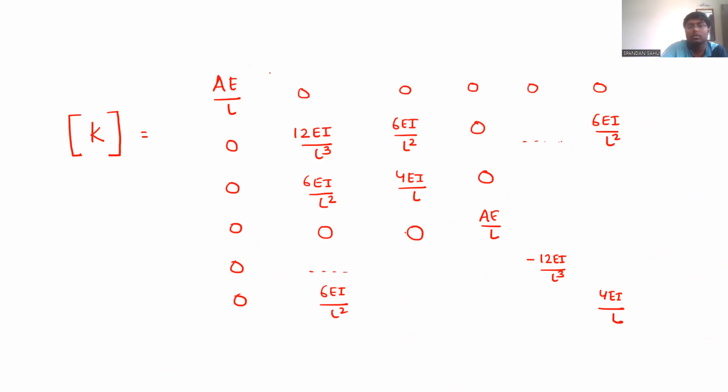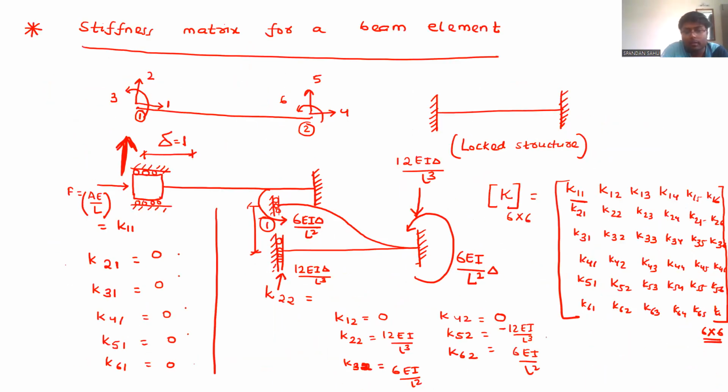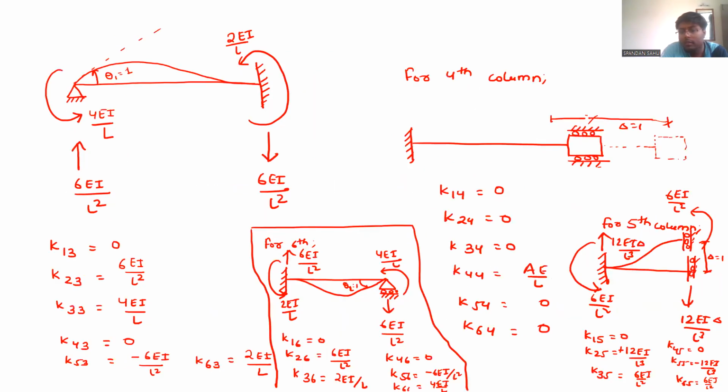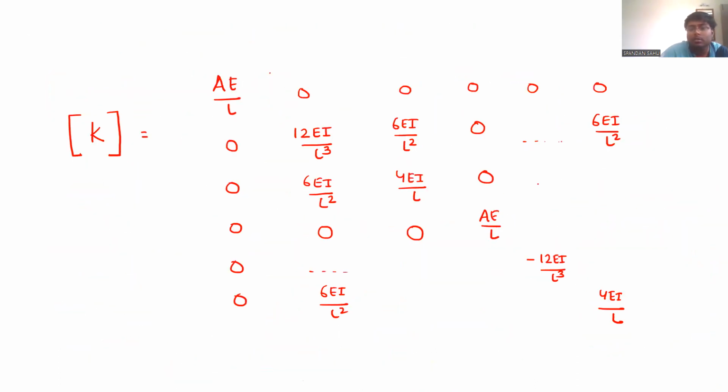K35 is 6EI by L square. K53 is minus 6EI upon L square. This also has some issue.